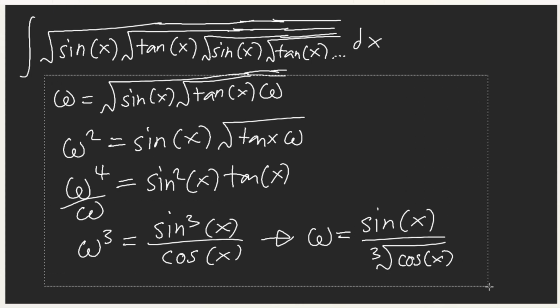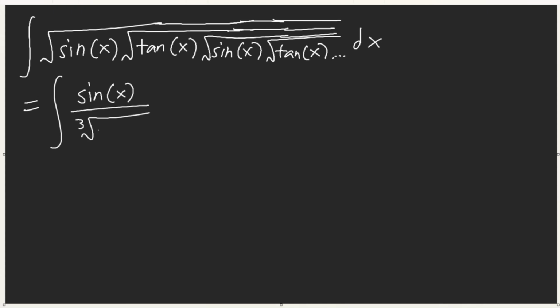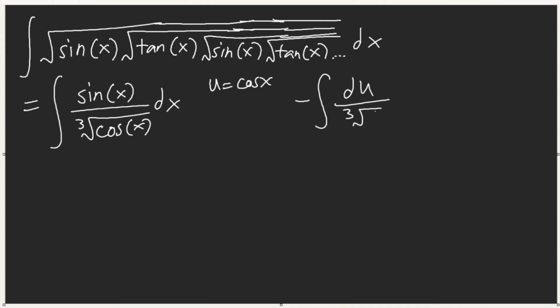Alright, we simplified our infinite function. Nice. Now we can easily integrate this. So this whole integral is equal to sine of x over the cube root of cosine of x. And we can easily integrate this by u substitution. Let u equal cosine of x. This is going to give you negative du over the cube root of u.